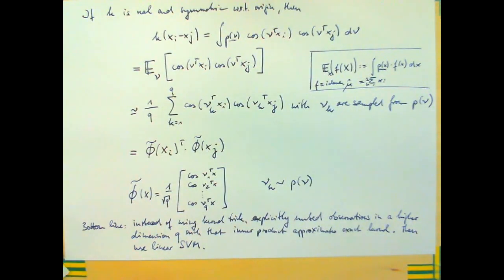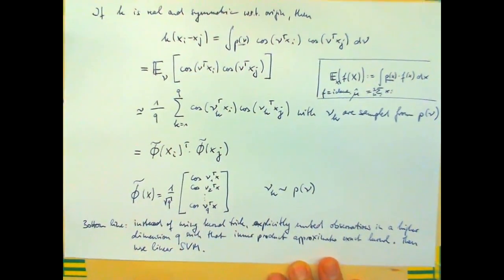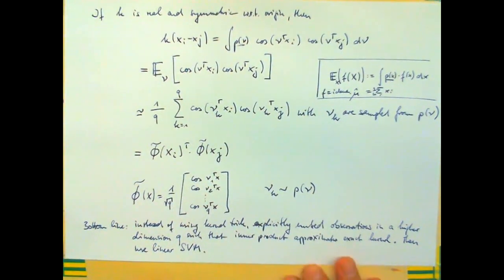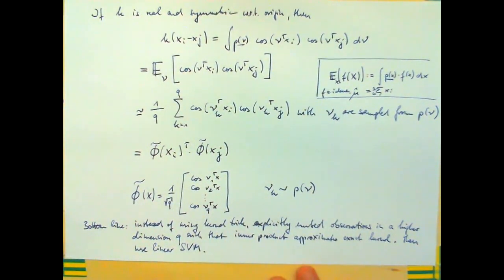So in this higher dimensional space, you explicitly represent the observations by phi tilde of x, and then search for the best hyperplane in this q-dimensional space.